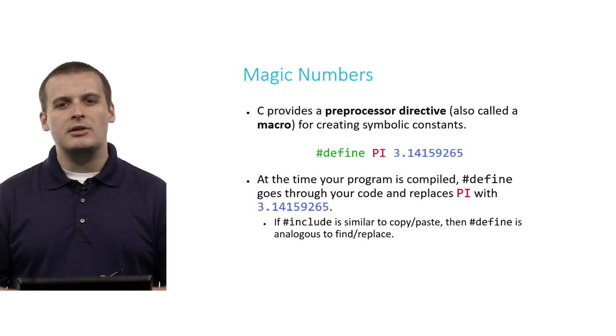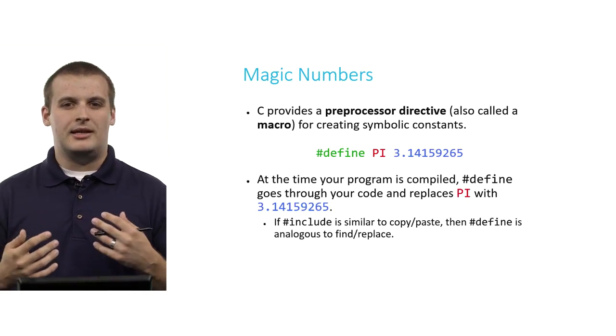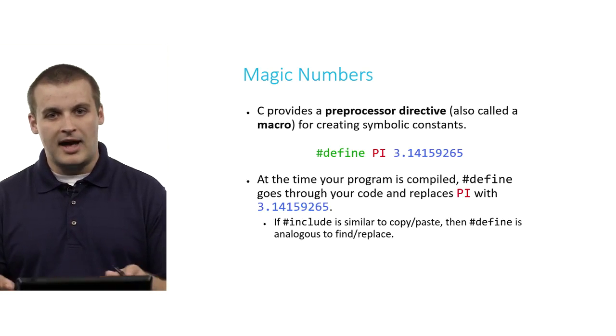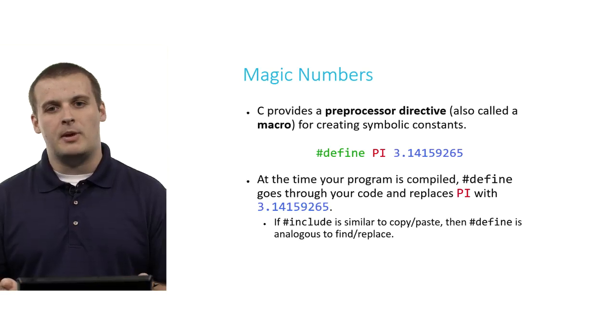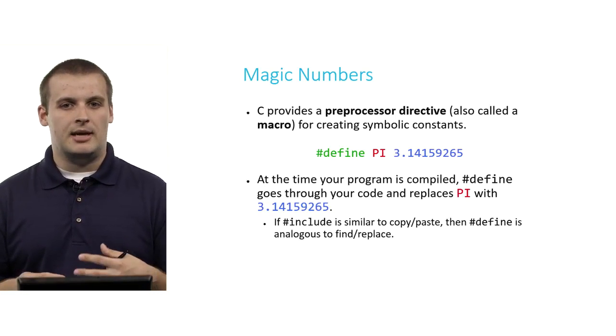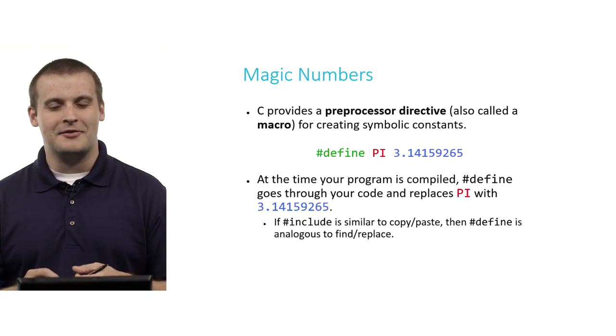So for example, if I #define PI as 3.14159265, if you're mathematically inclined and you suddenly see 3.14159265 flying around in your code, you probably know it's talking about pi. But maybe we can give it a little more symbolic meaning, and we can instead say #define PI as that mouthful of numbers that I'm not going to keep reading over and over.